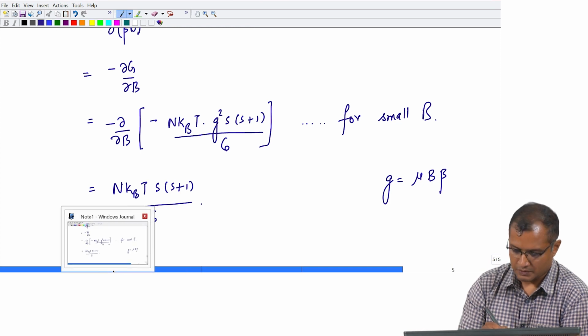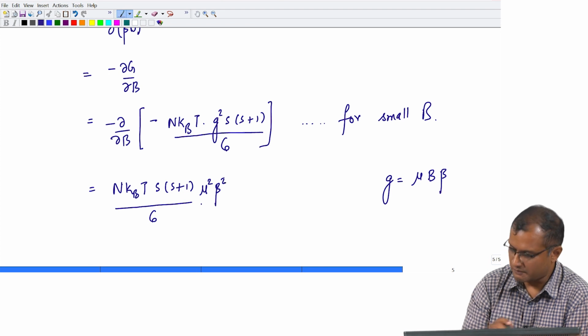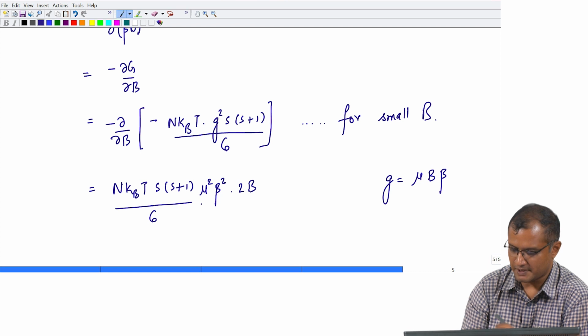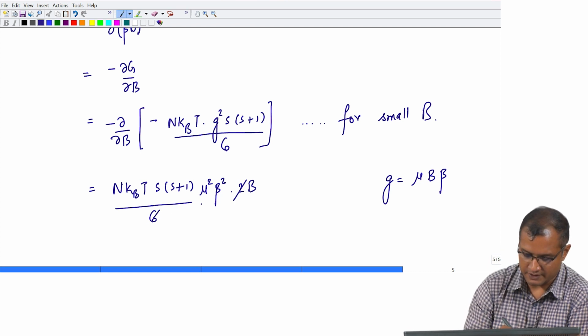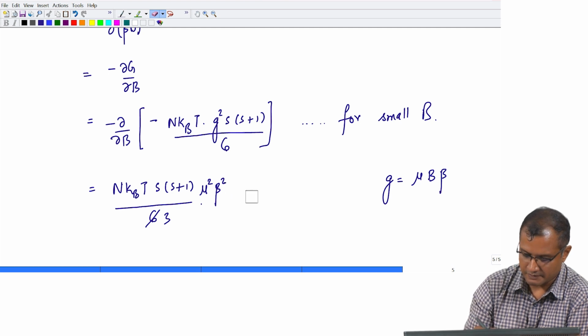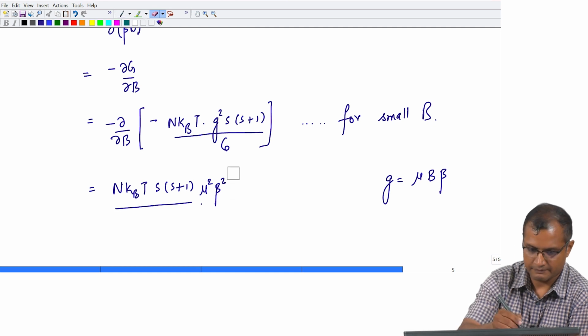So, mu square beta square will also come out, and b square is differentiated to twice b. So, you can knock this off with a 3 here. In fact, you can write down just b by 3 as the factor.